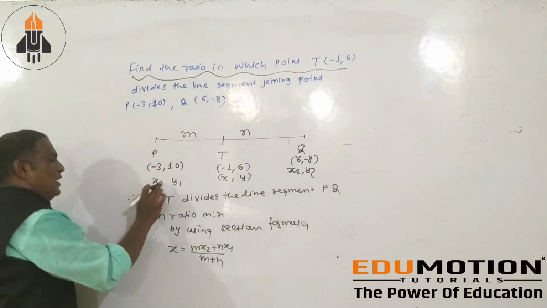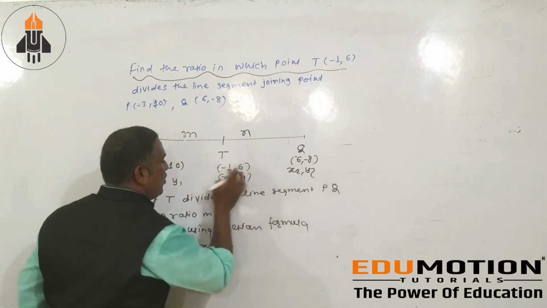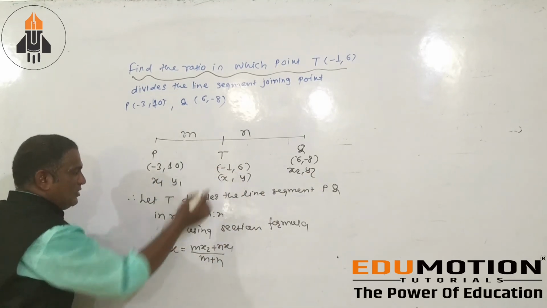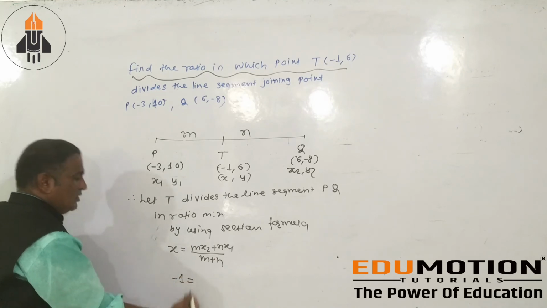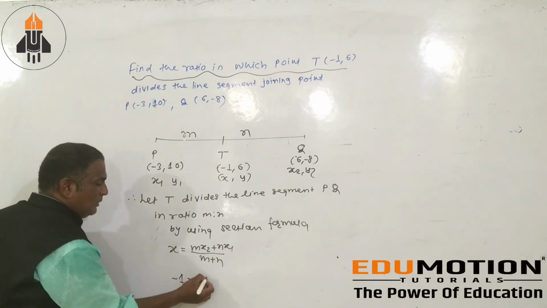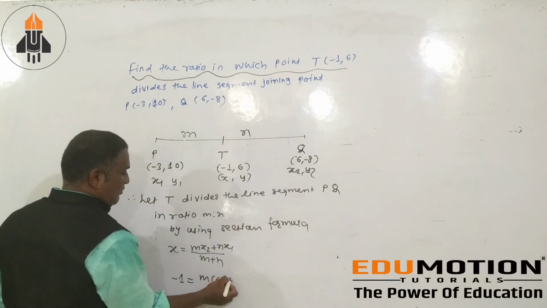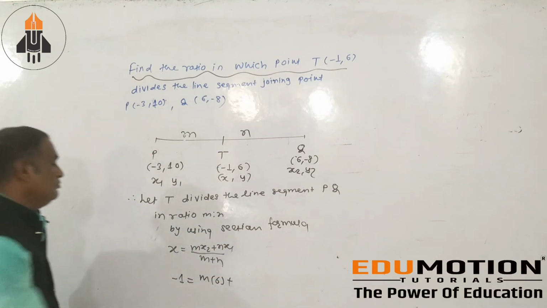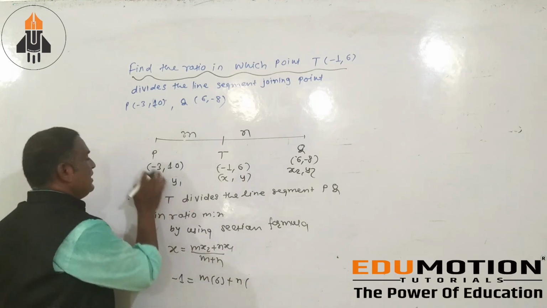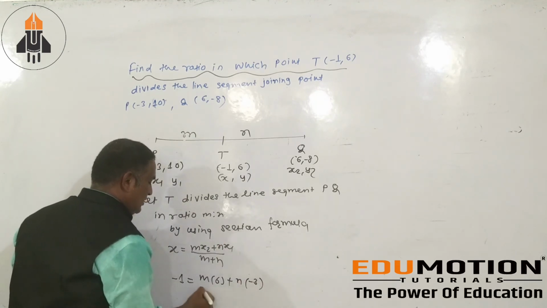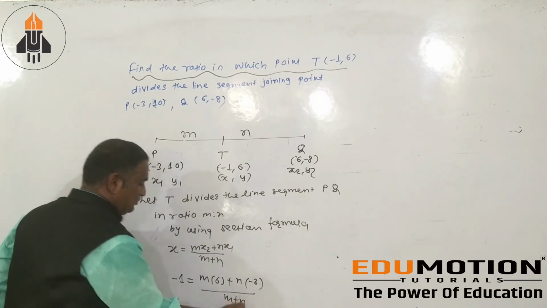Okay, x1, y1, x2, y2. What is the value of x? This is your -1. What is the value of m? Not known. What is the value of x2? 6. Plus, what is the value of n? Not known. Next, what is the value of x1? -3, divided by m plus n.